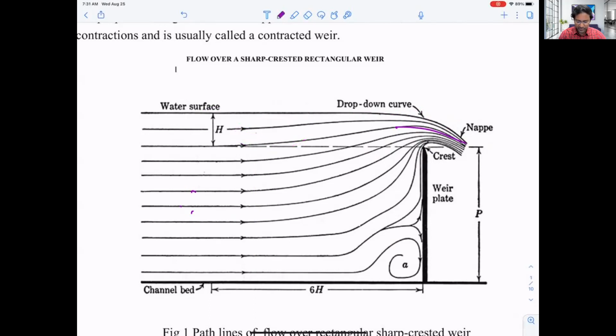So with 0 velocity here, we can apply Bernoulli's principle. But because in reality water is converging and the surface is inclined, we have to measure this distance h from the weir at around 6 times the height.